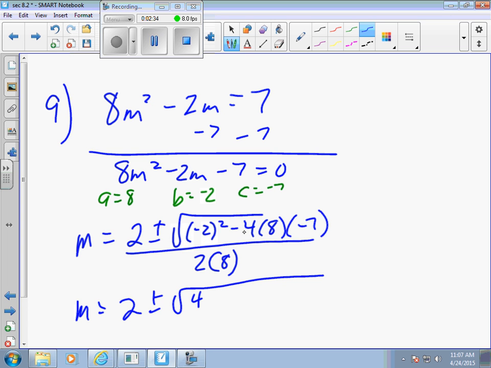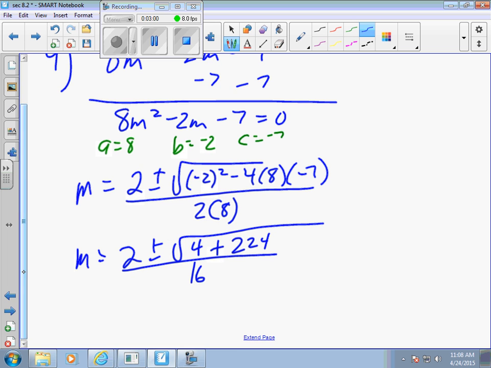Negative 4 times 8 times negative 7 gives me 224, so 4 plus 224, all over 16. If I'm wrong on that, it'd be nice to have somebody check it.